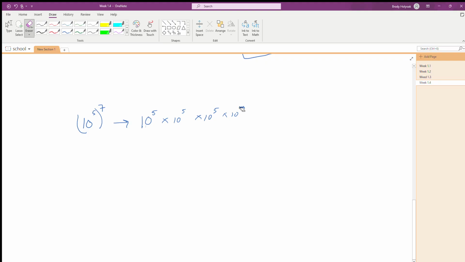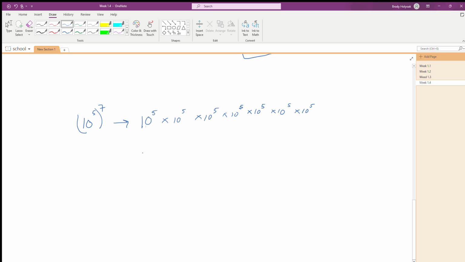There are seven of them, all 10 to the 5th. So that's the same thing as what we're doing. We're just representing it two different ways.